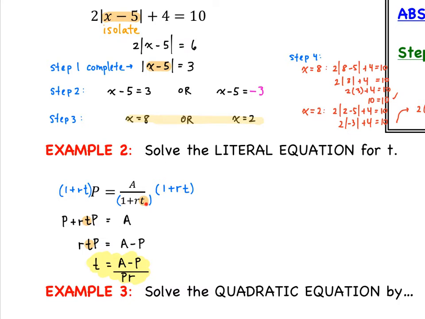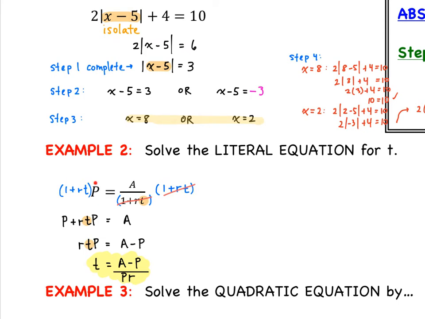So we're going to multiply both sides by this entire thing, okay? So multiply both sides by 1 plus RT, and what we should notice is, now on the right side, these guys will cancel, okay? So now that those guys cancel, we're down to this over here.